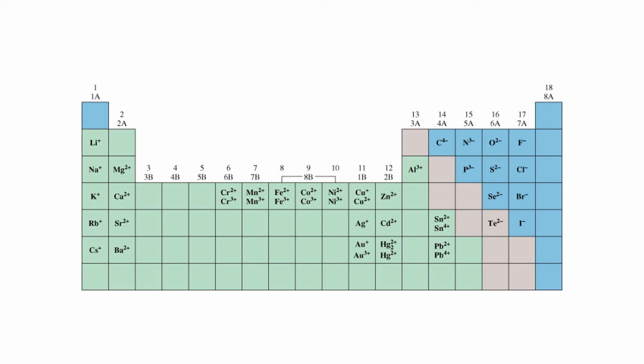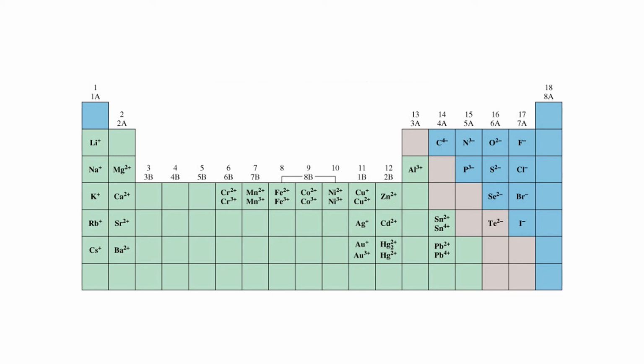So coming back over here to the nonmetals and the anions that they form, you'll notice that the halogens all form -1 anions. Group 6A, -2, 5A, -3, and 4A, -4.